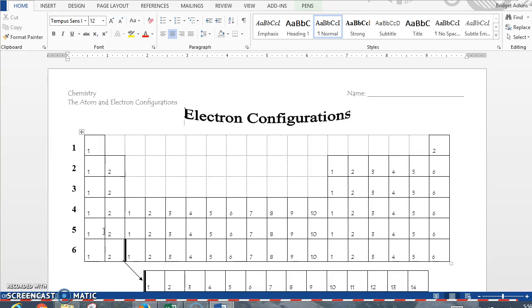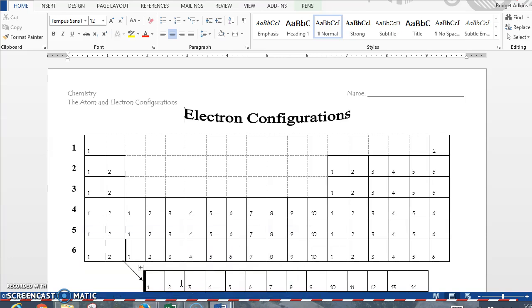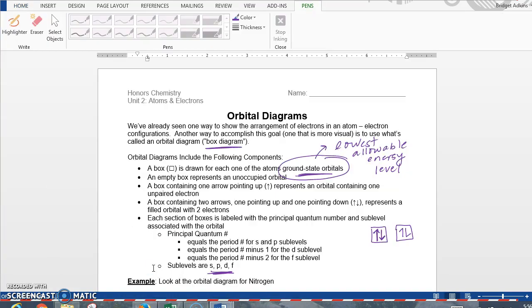Well, if a single orbital, which is what these boxes are going to be, can hold 2 electrons, then we would only need 1 box for an S. If we think about P, that was always 1 through 6, 1 through 6, 1 through 6. And if each box or orbital can hold 2 electrons, then we'd only need 3 boxes. For our D, since it can hold 10, we would need 5 boxes or 5 orbitals. And for F, since it has a capacity for 14, we would need 7 orbitals. So that's how we know how many boxes we are supposed to draw for each individual sublevel.